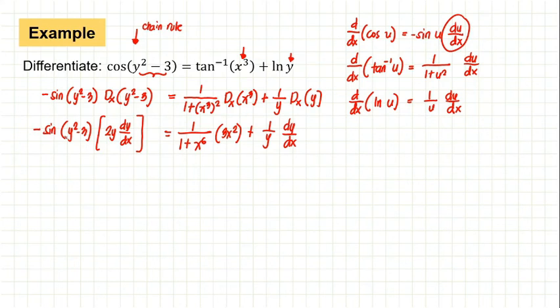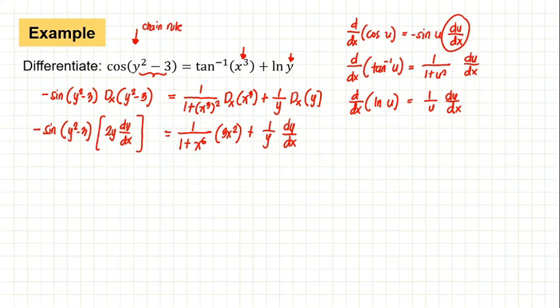So negative sine of y squared minus 3 times 2y dy over dx. So let us just multiply. Ipagtatabi lang natin sila. Now, in this case, wag niyong i-multiply si y squared minus 3 kay 2y, because y squared minus 3 is the argument. Siya yung angle. Okay? So we will multiply 2y to the whole function, the sine function here.